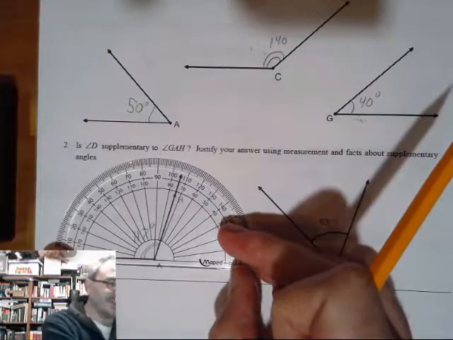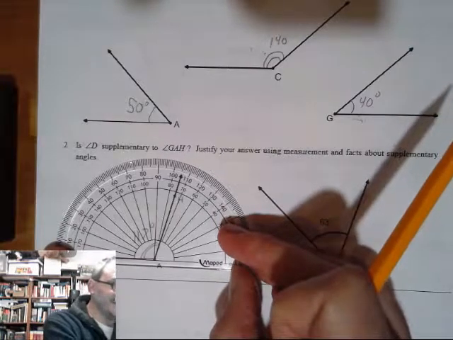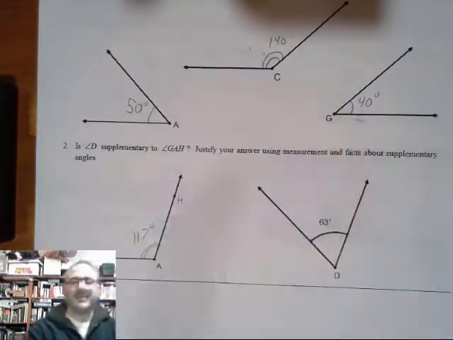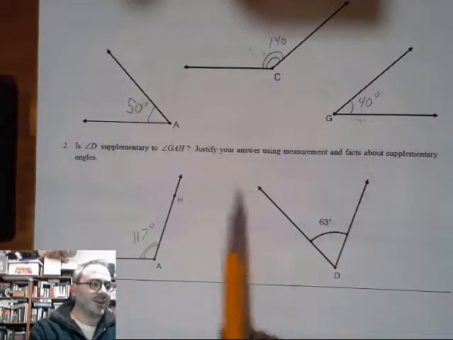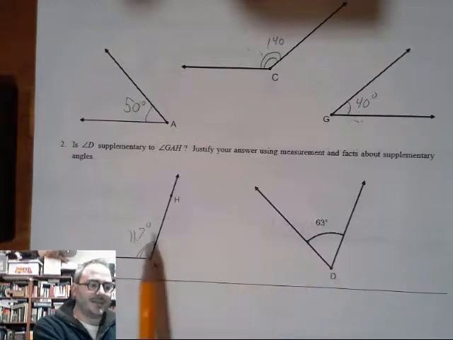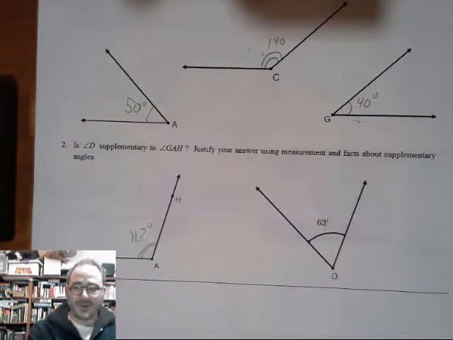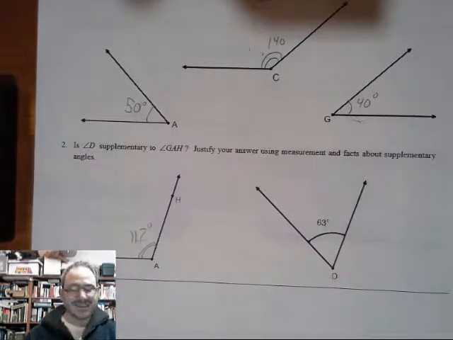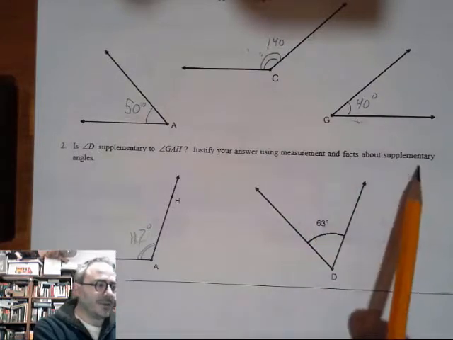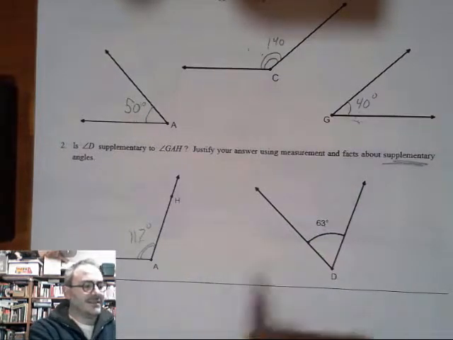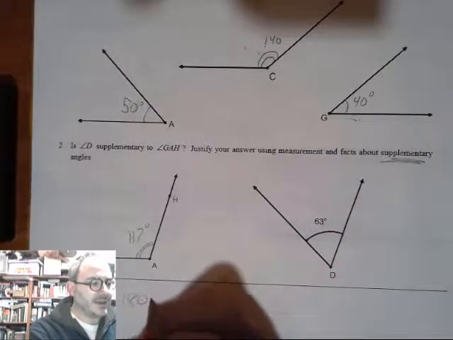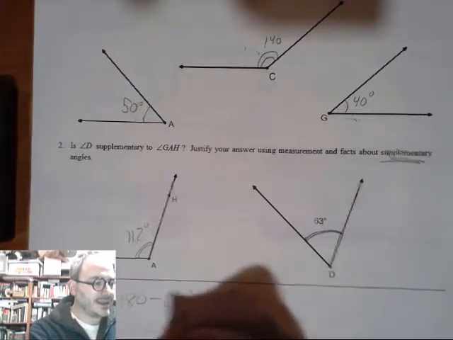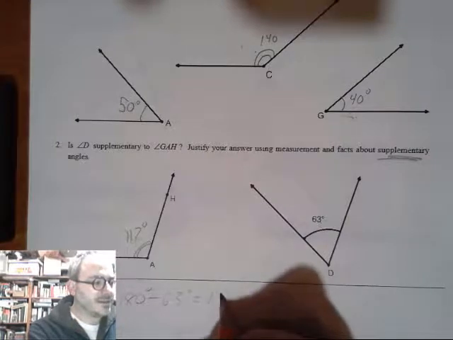And, not to scale. This actually looks more like 105 degrees if I actually measure it with my protractor. So I'm going to need to use the math to solve this and not use my protractor because the protractor will not give me the answer that assumes they're both supplementary. So I'm going to justify my answer as 180 minus 63 equals 117.